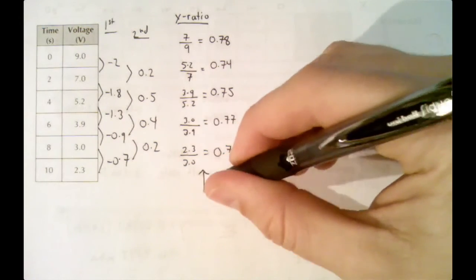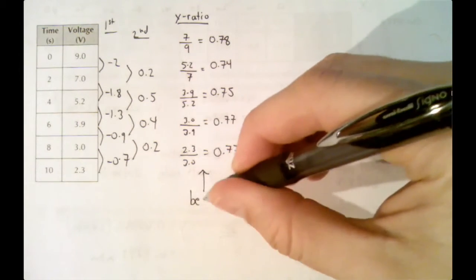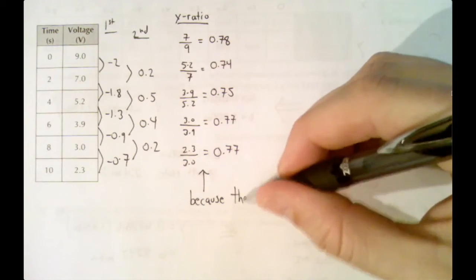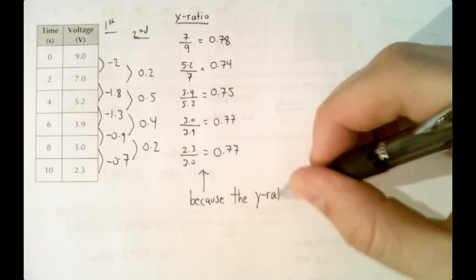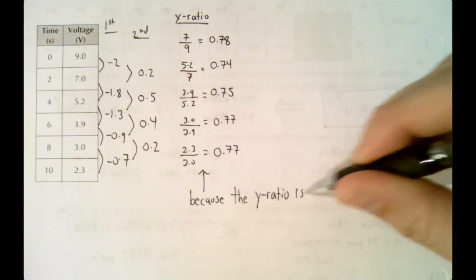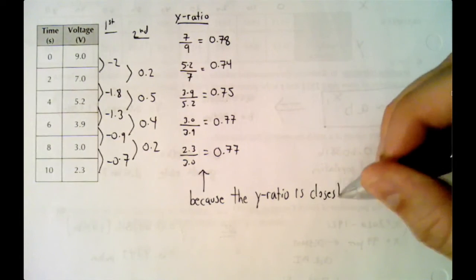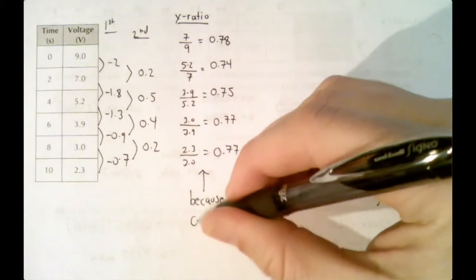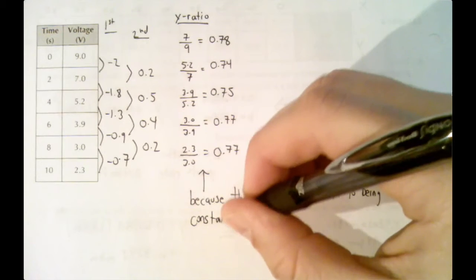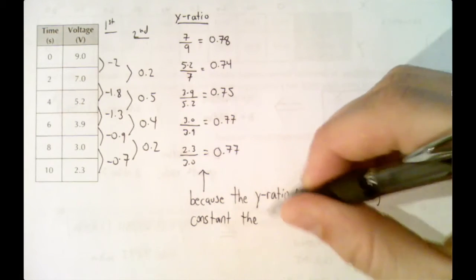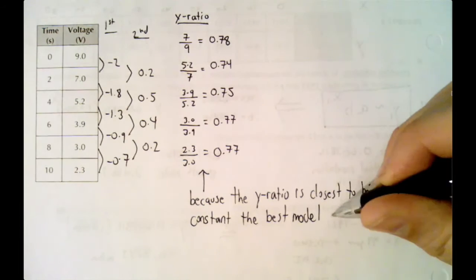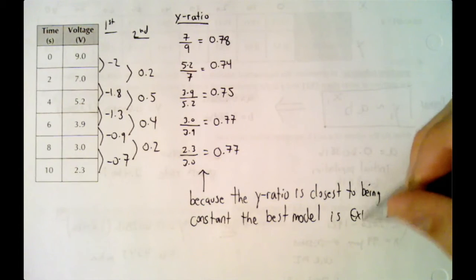So what we could conclude is, because the Y ratio is closest to being constant, the best model is exponential.